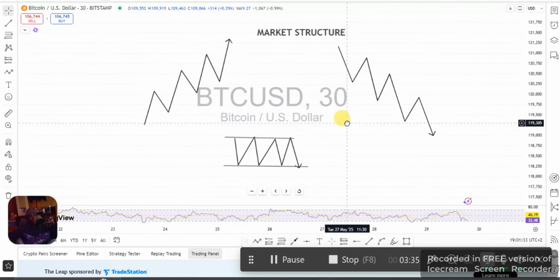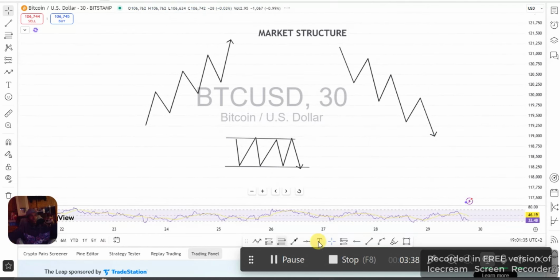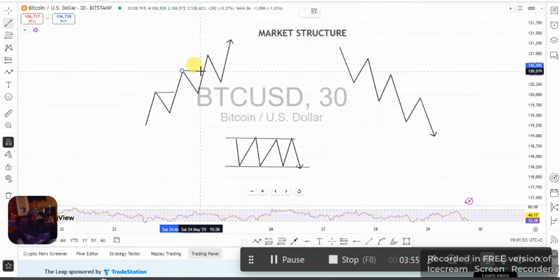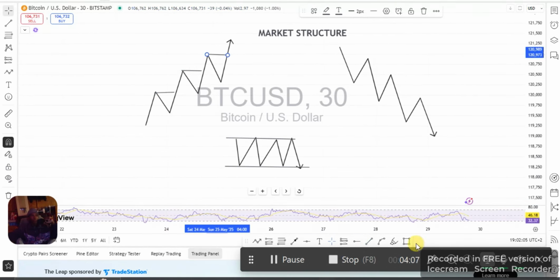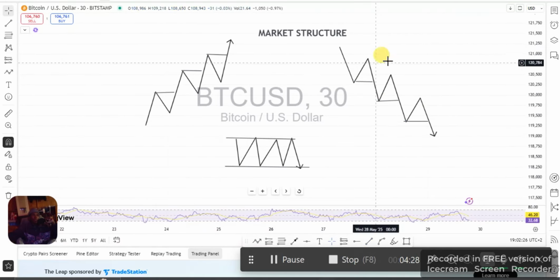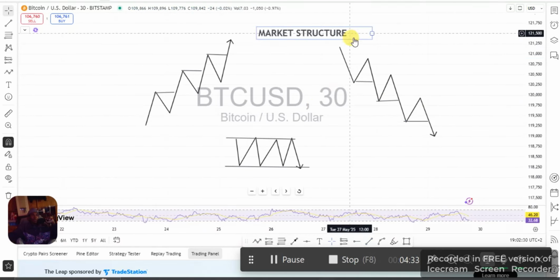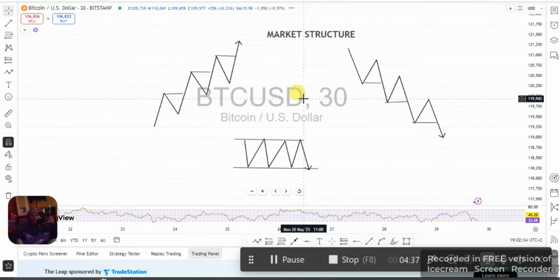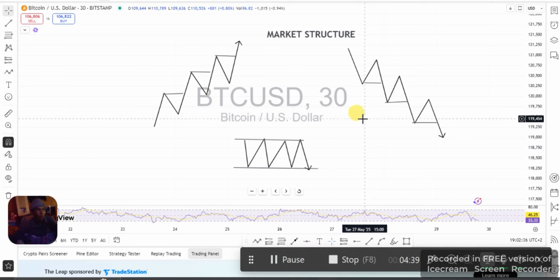So whenever this is happening in the market, then it's more clear to us to see where the next move is, right?